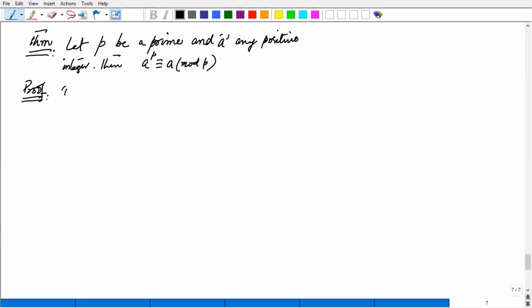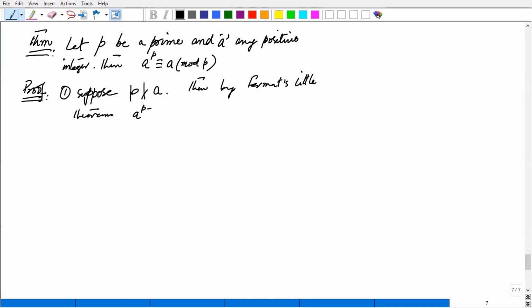Proof. Suppose p does not divide a, then by Fermat's little theorem, we can write a to the power p minus 1 congruent to 1 modulo p.